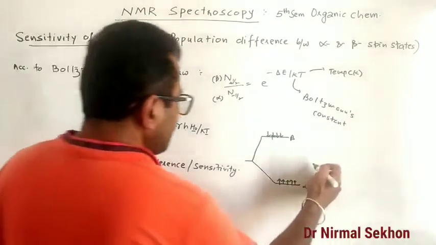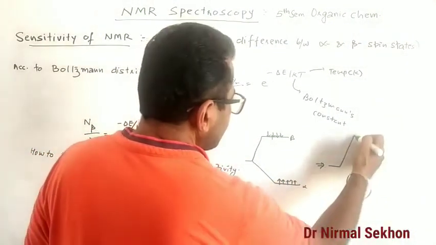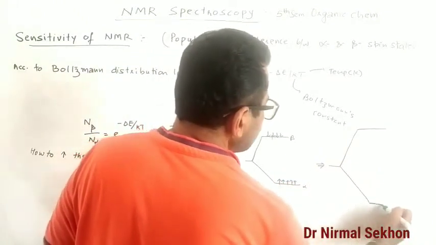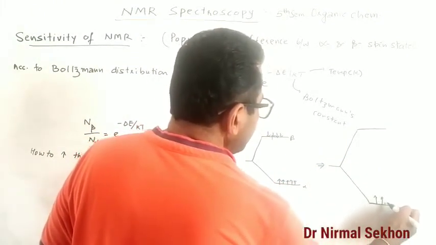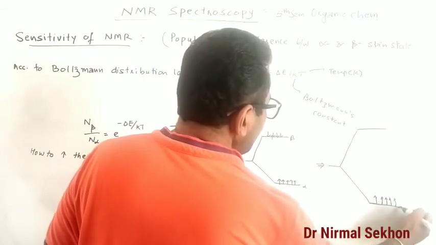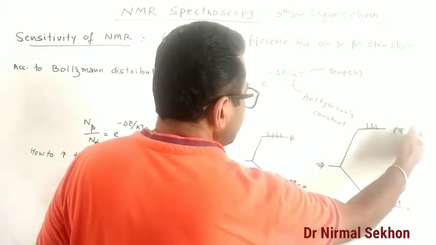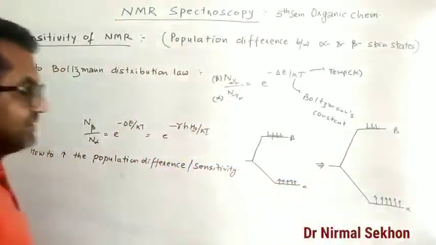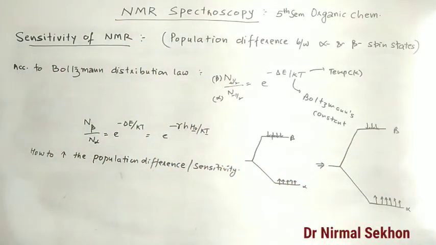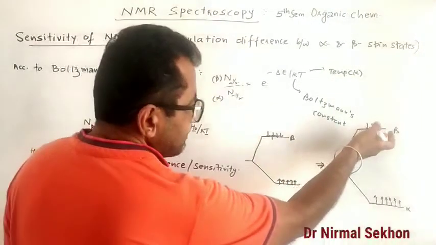First thing to do is to increase the energy difference. When you increase the energy difference, more molecules will stay in the ground state, fewer go into the excited state, so their population difference will automatically increase. When the population difference increases, it's easy to take the molecules from the ground state to the excited state.